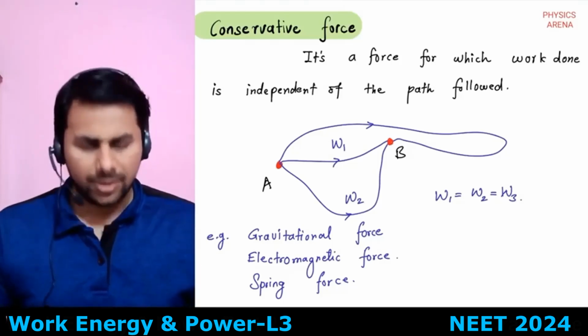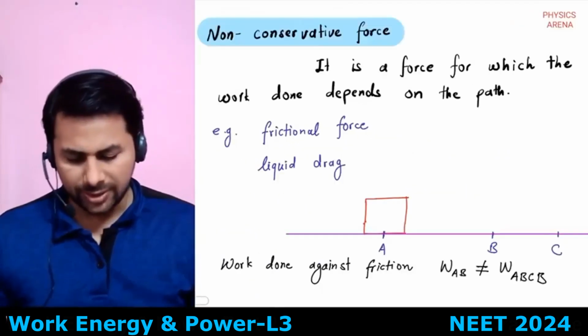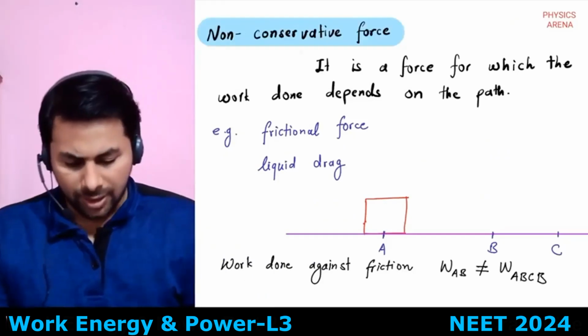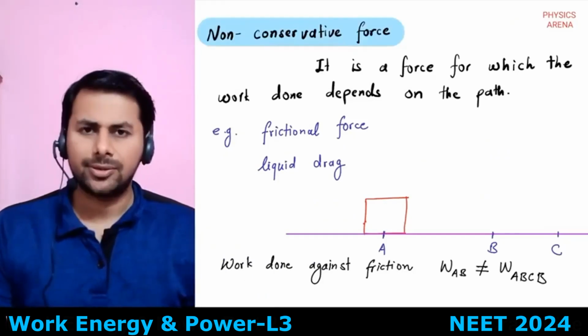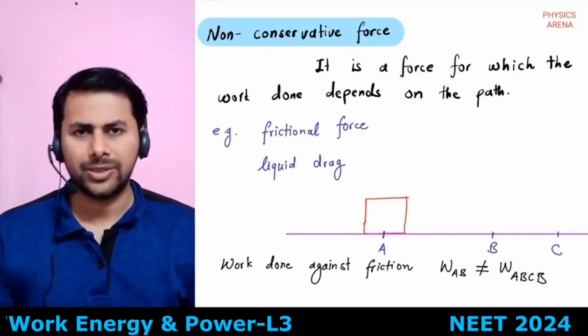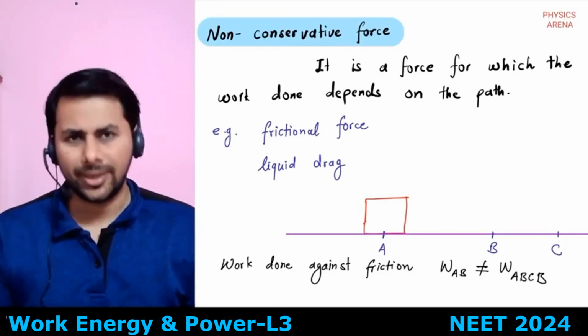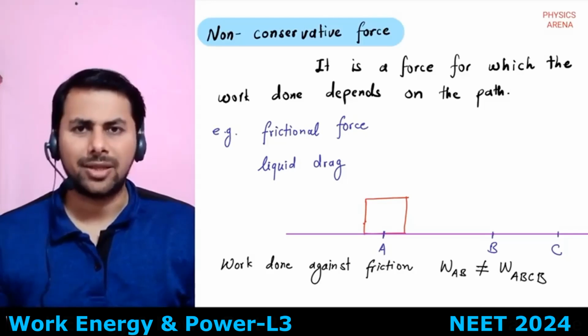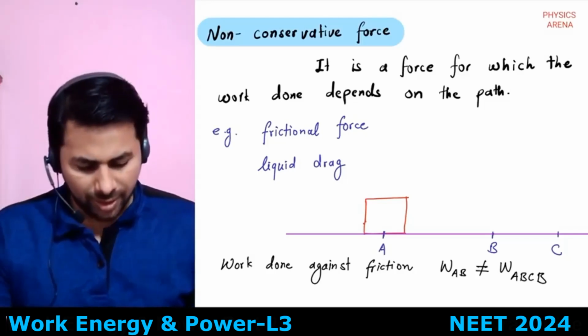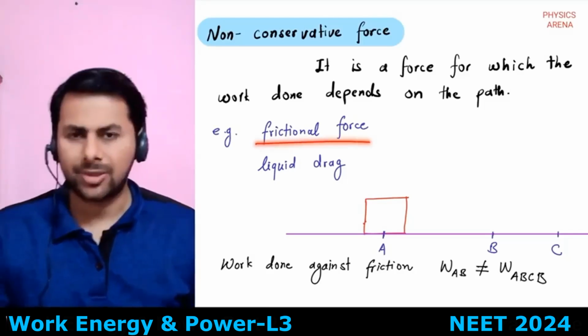So for a conservative force, work done does not depend on the path followed. What will be a non-conservative force? The force for which work done by that force or against that force depends on the path followed. For example, let's consider frictional force.